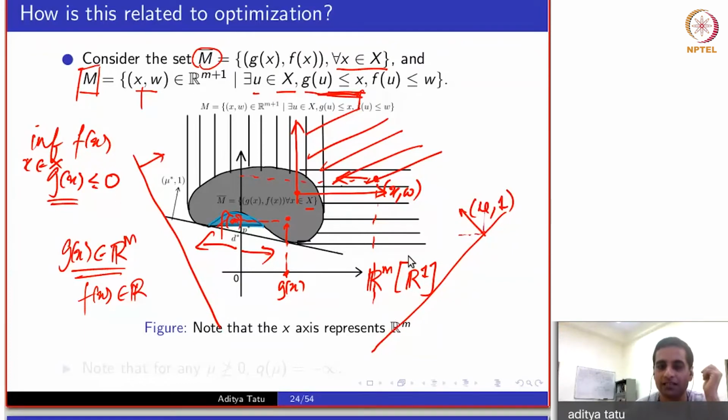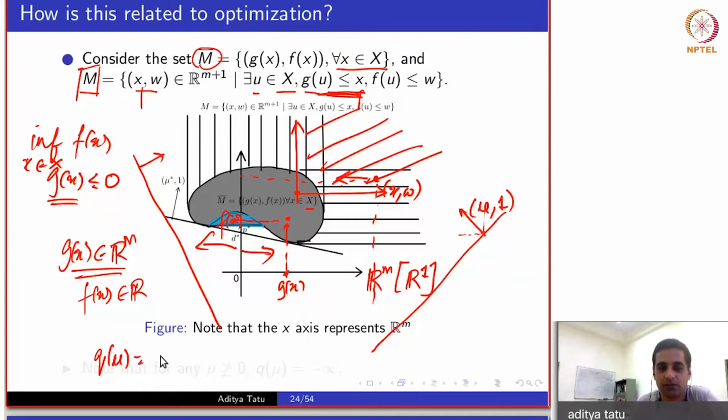What would be q(mu) for such a mu given this set? What is the smallest intercept that I will get for this hyperplane?